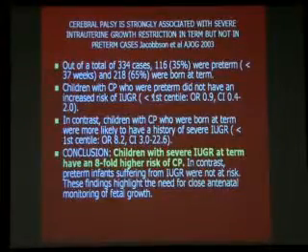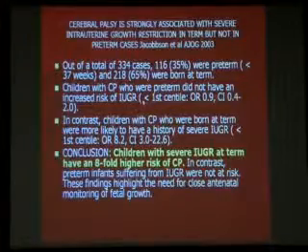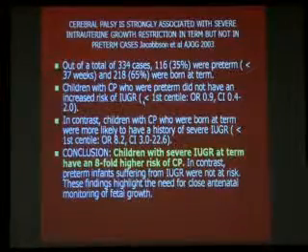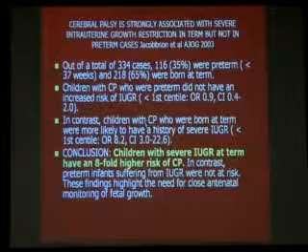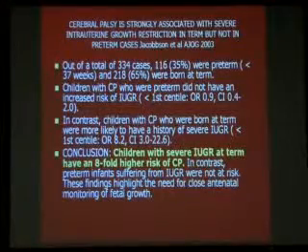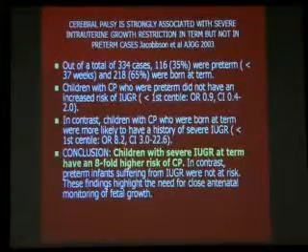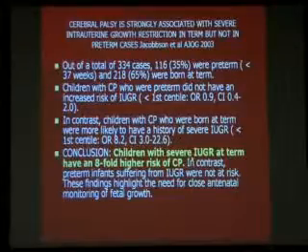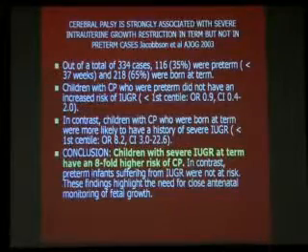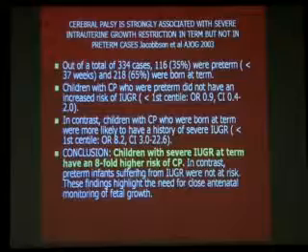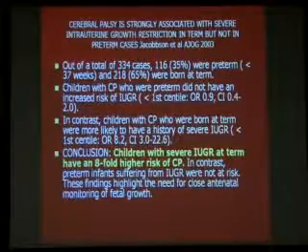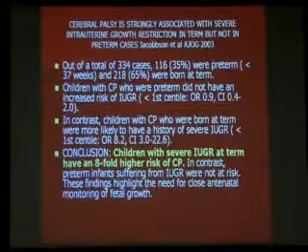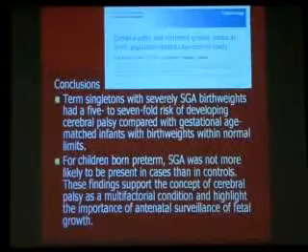Children with cerebral palsy who were delivered preterm did not have an increased risk of IGR. In contrast, children with CP who were born at term were more likely to have severe IGR. Their conclusion is children with severe IGR at term have an 8-fold risk of CP. So it's the term ones with IGR that you need to be specifically concerned about in terms of cerebral palsy.